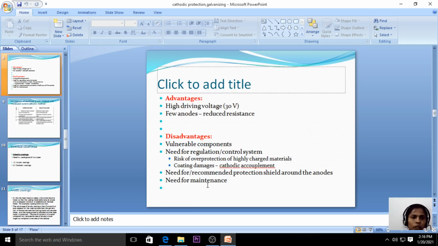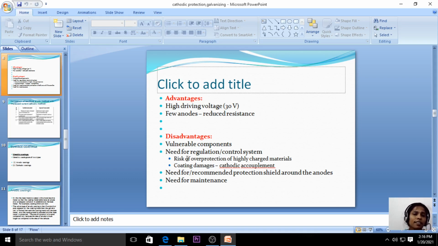So now let us see the advantages and disadvantages of impressed current cathodic protection and sacrificial anodic protection. The advantages are a high driving voltage of up to 30 volts, and only a few anodes are needed to reduce the resistance. These are the inert or insoluble anodes that we have seen in impressed current cathodic protection.